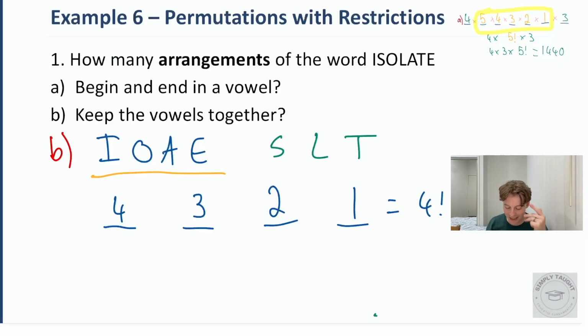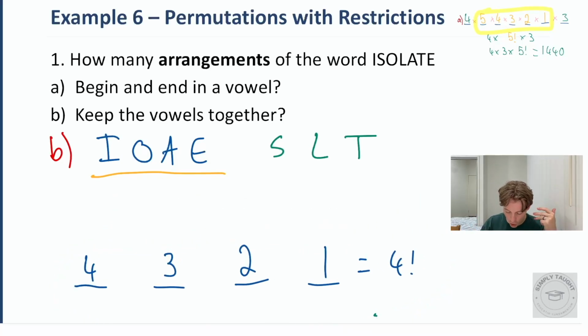However, where this question gets a little bit tricky, and why people sometimes struggle when we start grouping or collecting our terms, is that I can also arrange the letters I, O, A, E in 4 factorial ways as well. To help explain that part a little bit more, we're just going to focus on these 4 letters. If you just look at the vowels, I've got 4 different vowels. I could pick any letter to go first.